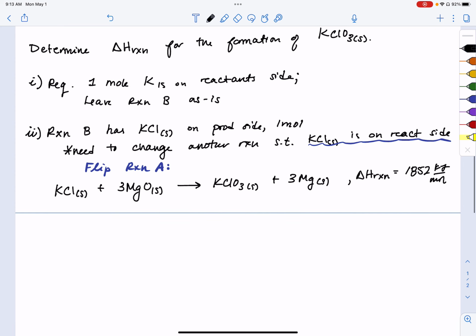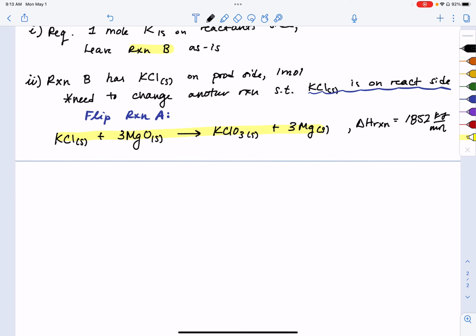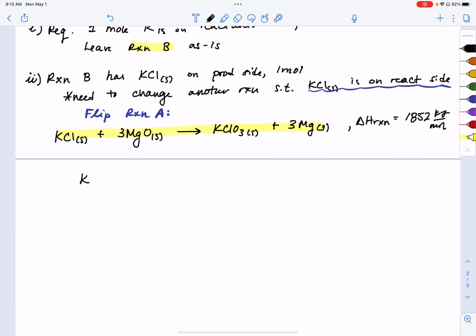All right, so I'm actually going to now just rewrite reaction B and our flipped reaction A just to see how we're doing in our quest to build our reaction of interest. So reaction B, that was 1 mole of potassium reacting with half a mole of chlorine gas to form KCl solid.